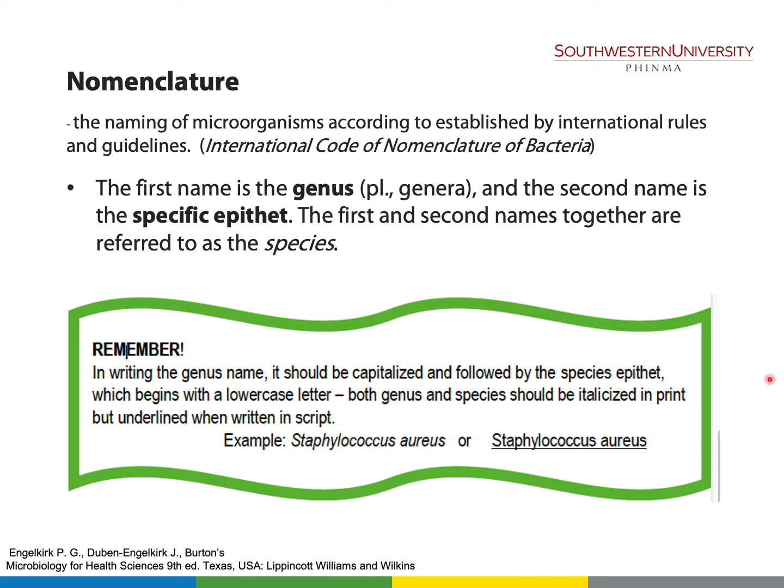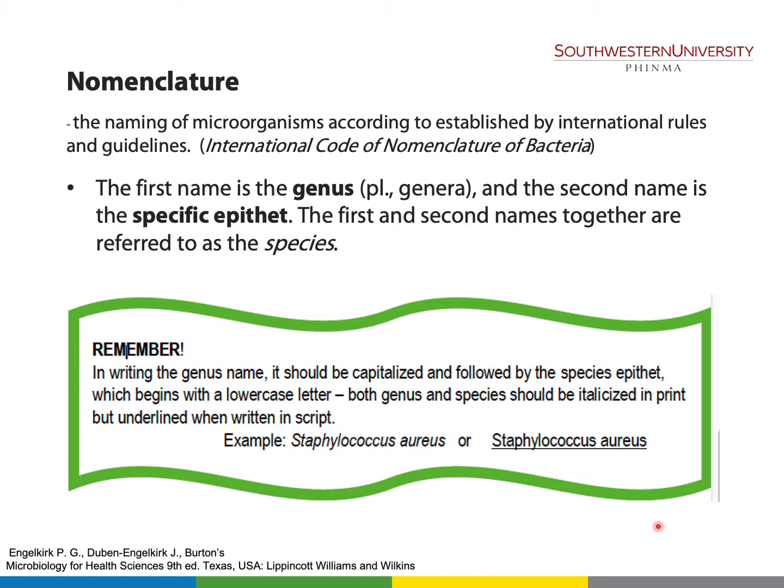So, just a quick fact, epithets are part of a taxonomic name identifying a subordinate unit within a genus. Remember, in writing, the genus should be capitalized and followed by the specific epithet, which begins with a lower case.